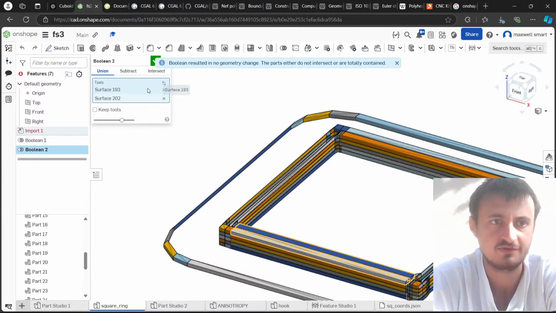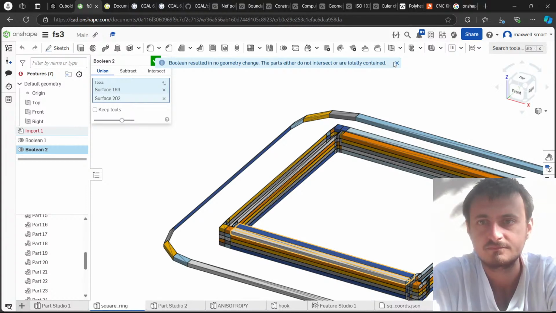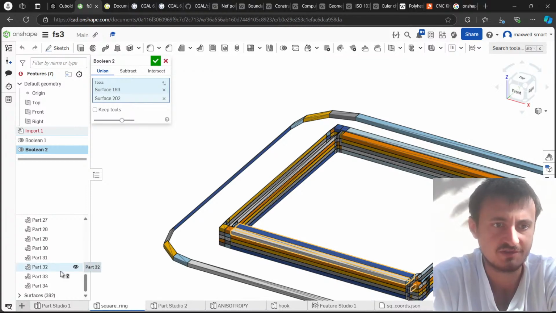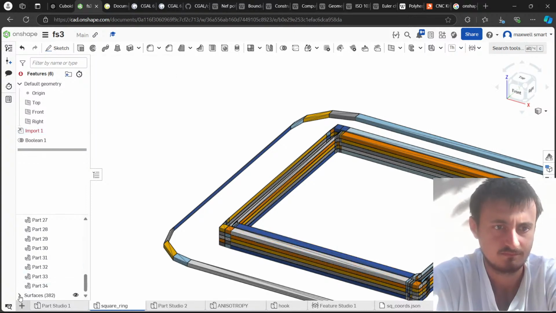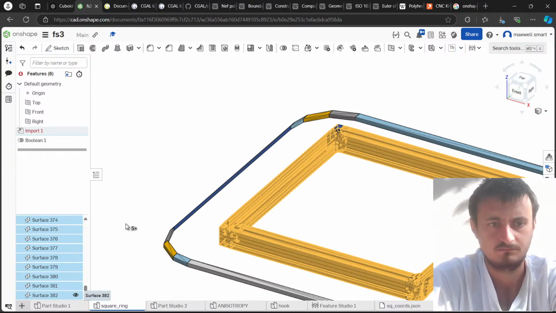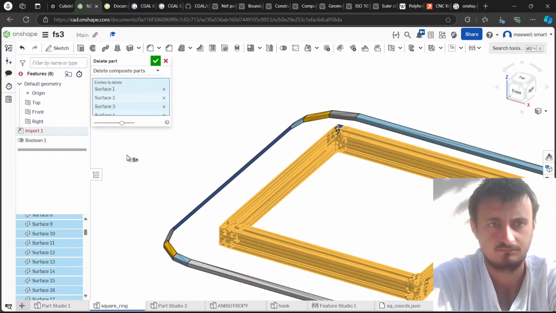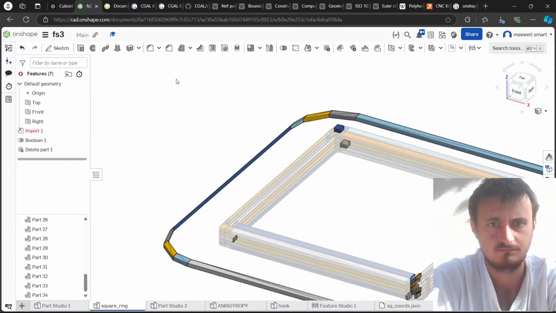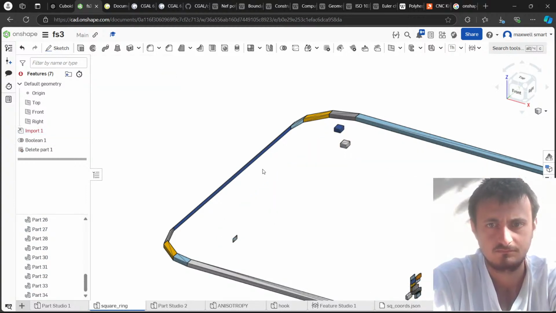No, not surface. Just delete all the surfaces. Wait, now that's weird.